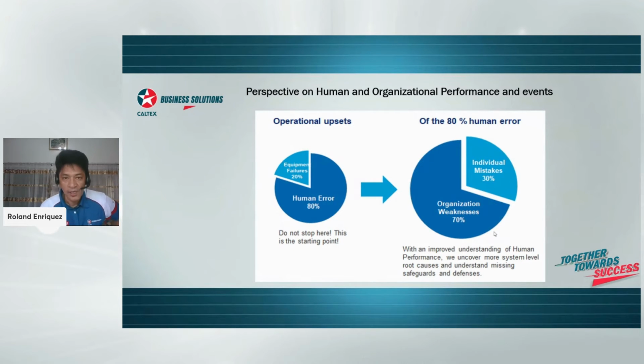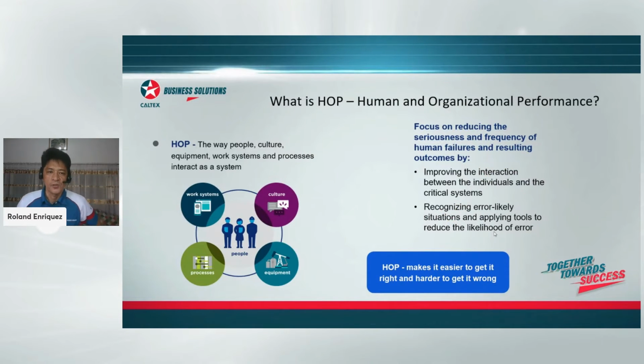Now let me talk about what HOP is. As you can see on the slide, it is the way people, culture, equipment, work, and processes interact as a system. As an employee or a worker, you need a work system and a process to do your job, and sometimes it's a combination of everything.